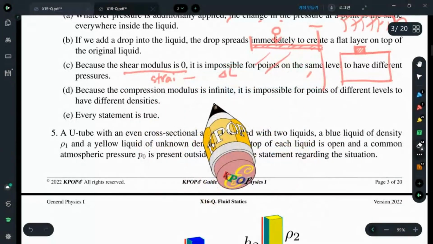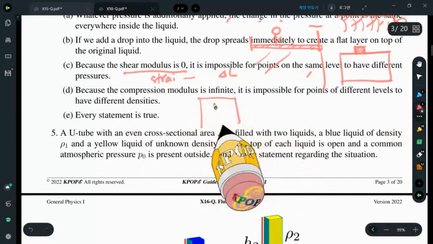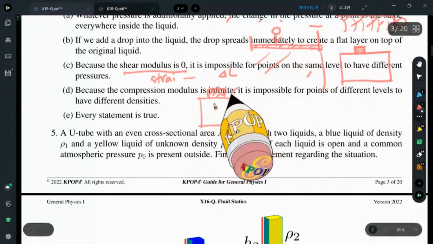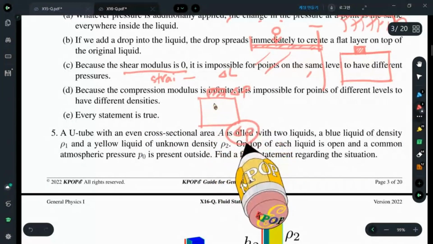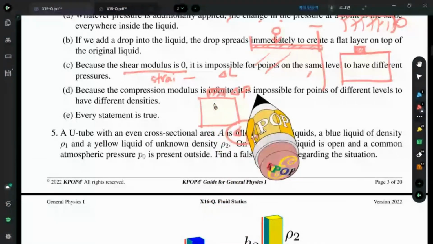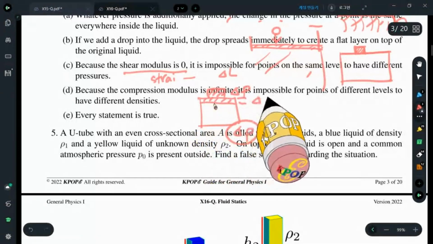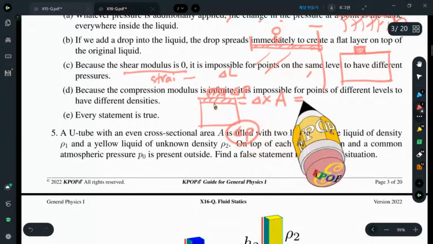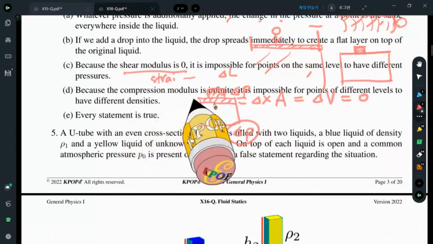Because the compression modulus is infinite. Compression modulus: if you press down on a liquid, the pressure change delta P is transferred everywhere by the exact same amount without delay. However, it is incompressible, so there is no change. Delta X times the cross-sectional area, delta V, is 0.